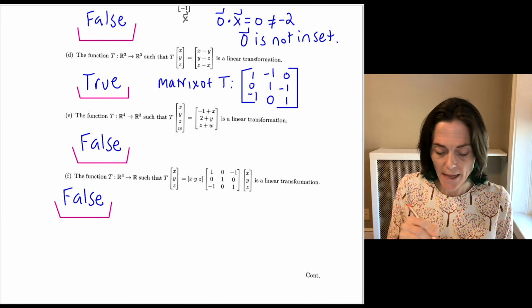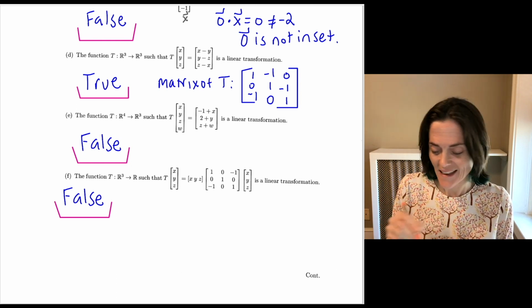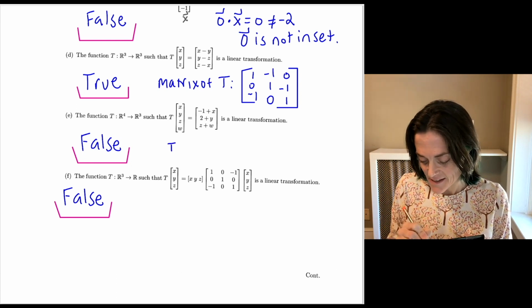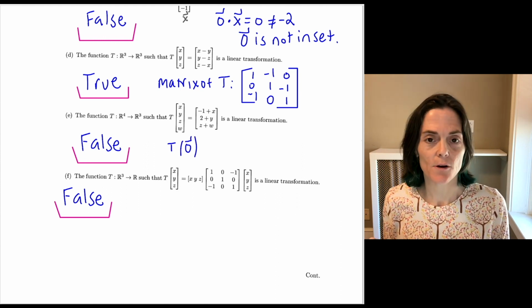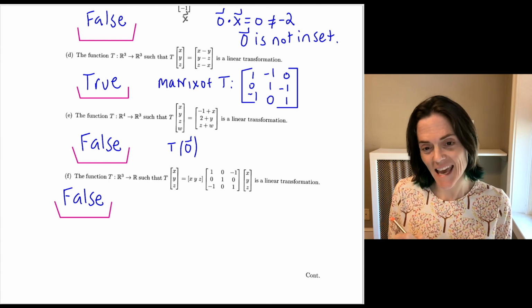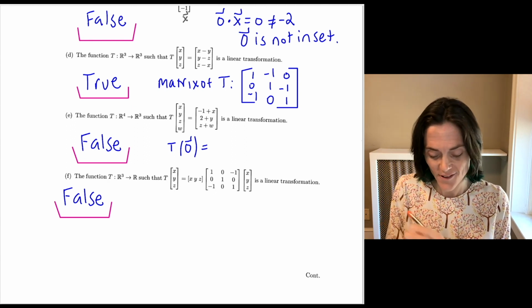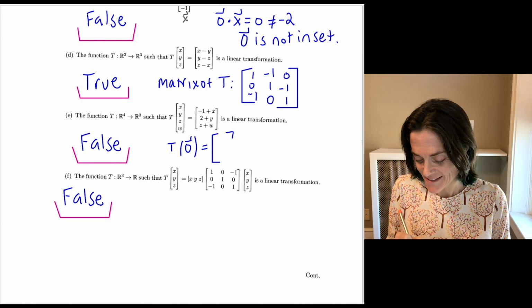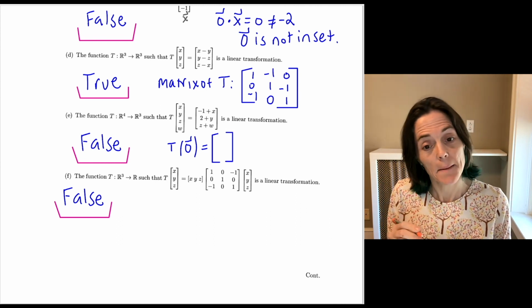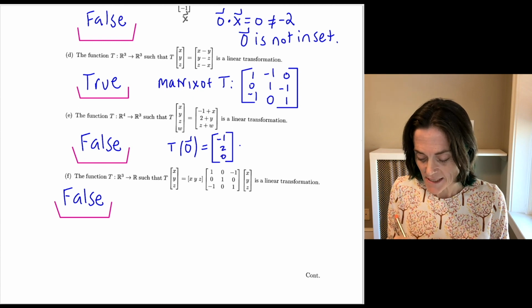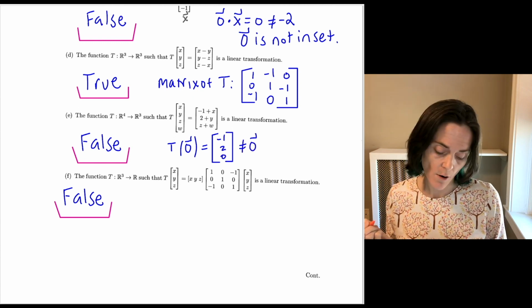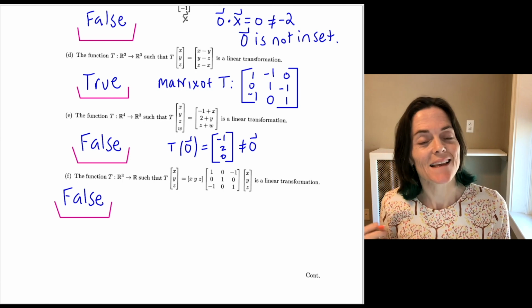Well, what happens when I evaluate T of the 0 vector? We know if we have a linear transformation, T of 0 must be 0. In this case, T of 0 is -1, 2, 0, which is not equal to the 0 vector in R3. And this would say false.